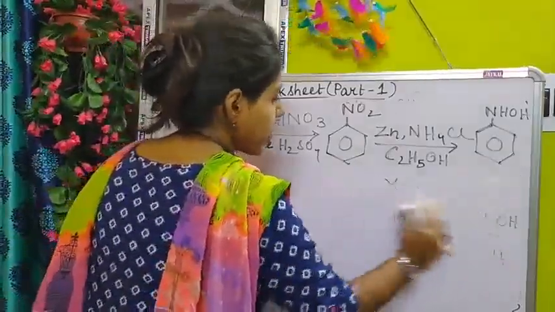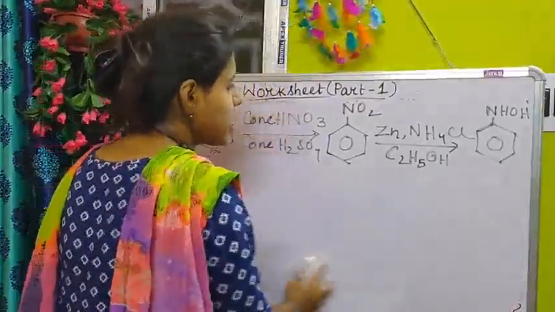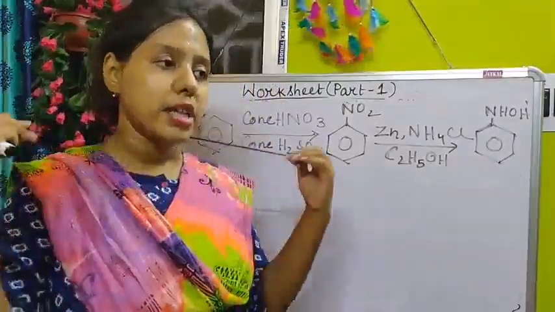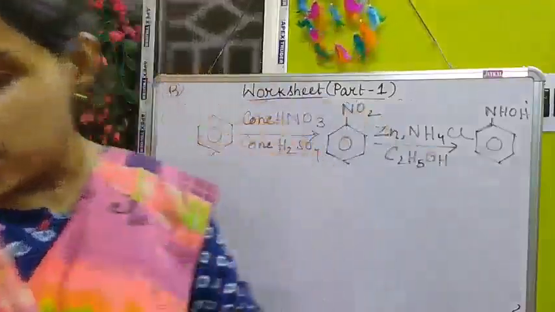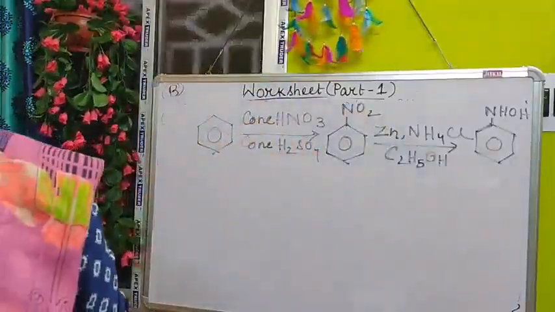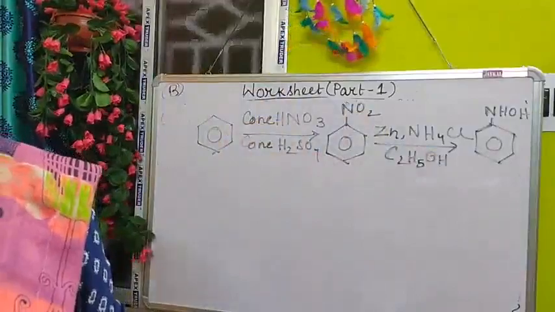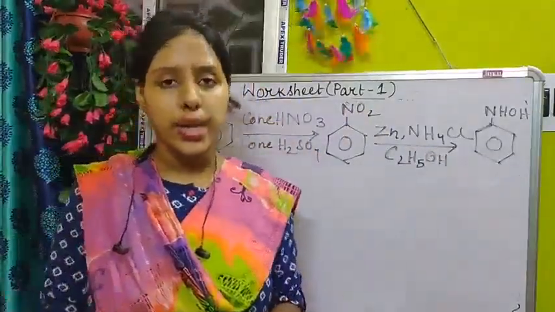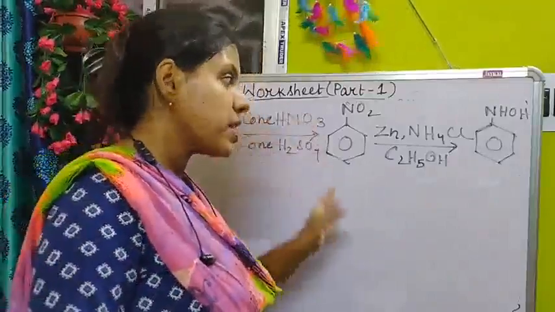Okay, but for cyanides and isocyanides, you have to write this hydrolysis reaction, and after that you have to write one test, as I have shown many reactions. So from there you have to write any two tests. Okay, so these are the things.